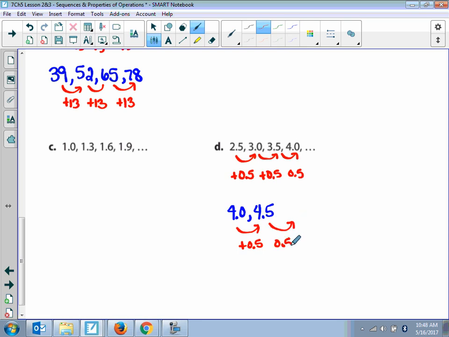And that's going to give us 5.0. Very good. And we've got one more term to find. So we're going to add another 0.5. Very good. So that's my final term that we're looking for.